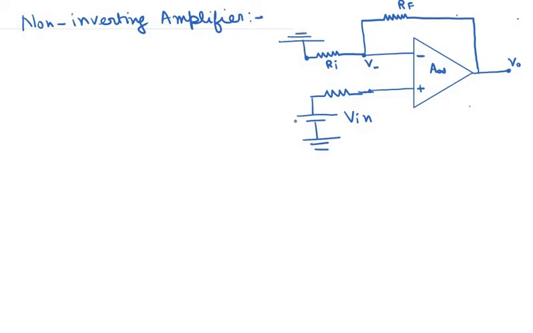Okay, so this is a non-inverting configuration of the op-amp amplifier because the voltage source V is actually connected to this non-inverting terminal.